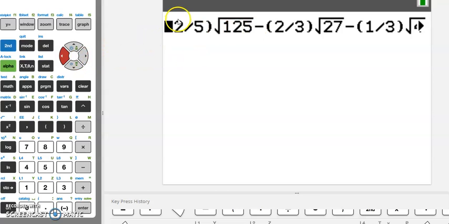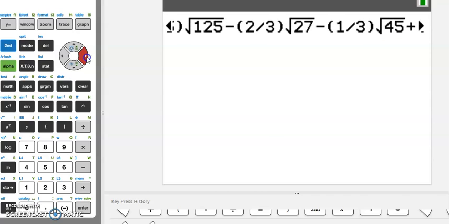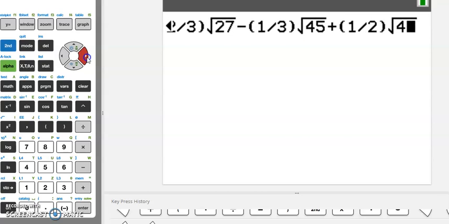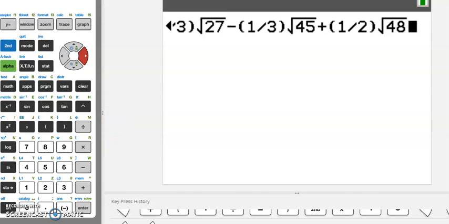So anytime I have fractions, I'll put brackets around it, and it's just divide, and that way you don't have to worry about any errors. So here's your original 2/5 square root of 125 minus 2/3 square root of 27 minus 1/3 square root of 45 plus 1/2 the square root of 48.